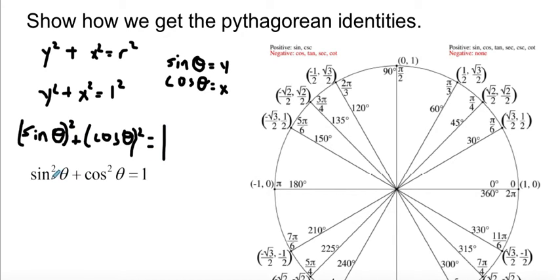So we can rewrite this. A shortcut way of writing that is sine squared theta plus cosine squared theta equals 1. So that's where that came about: whenever you have a circle centered at 0, 0, we can say x squared plus y squared on the left hand side, and since our radius is 1, we can say 1 squared, which is 1. Then substitute the sine and the cosine in for the y's and the x's.